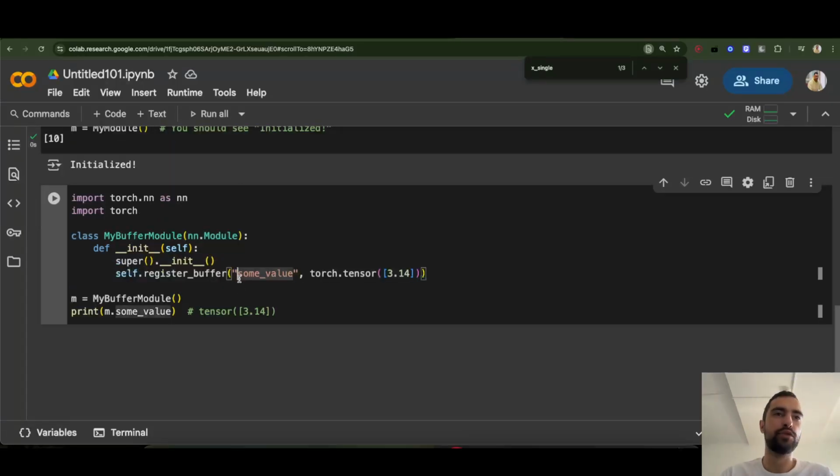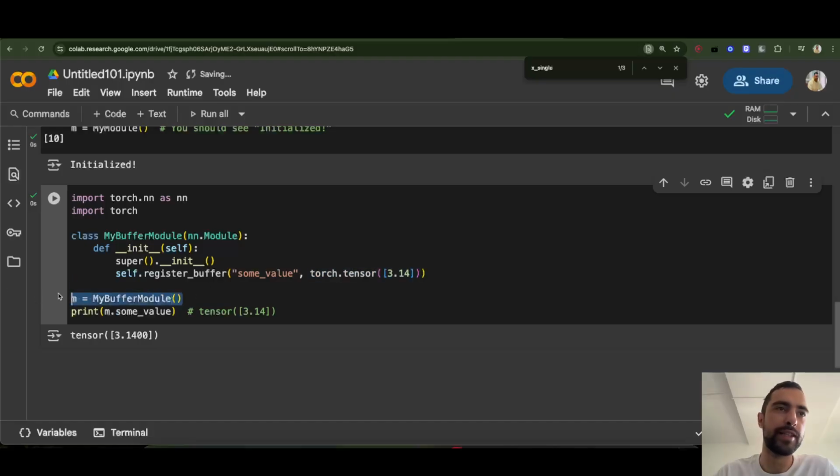So let's see how to save some values in register buffer. This is just our memory where we can save values. And these values would not be trained in a neural network. Those are just constant values that are saved for use by the neural network. So we just have this register buffer, the name of the variable, and the value.